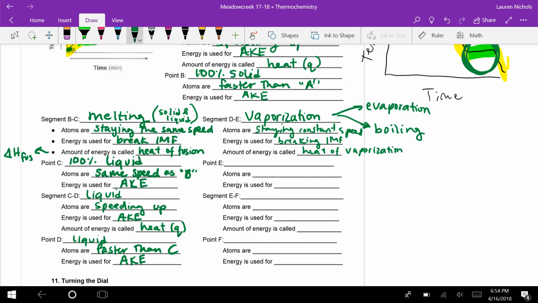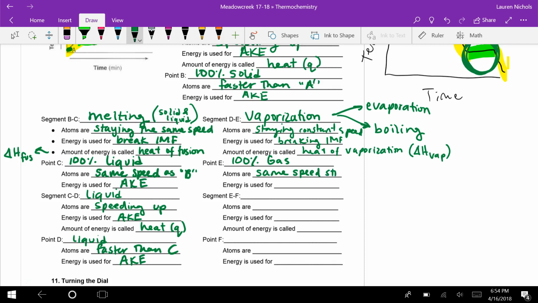And so heat of vaporization is often abbreviated as delta H vap for vaporization. And so once we have reached point E, time has passed, all vaporization has occurred, then I am 100% gas. The atoms are the same speed still.